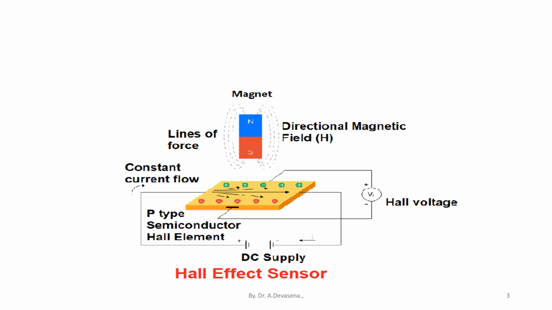The Hall effect sensor is represented here. This comprises a p-type semiconductor Hall element as well as a magnet.